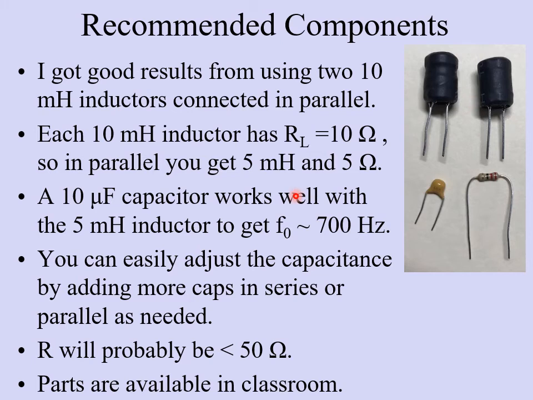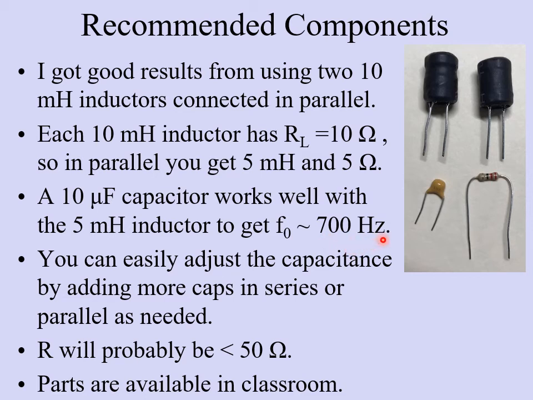And then for the capacitor, I'm using a 10 microfarad capacitor. You'll certainly have one of those in your kit, and you can use other capacitors in parallel with it to change the capacitance if you want to. In other words, a 10 microfarad capacitor and a 5 millihenry inductor, made by putting two of these in parallel, will get you a natural frequency of around 700 hertz, which is perfect.